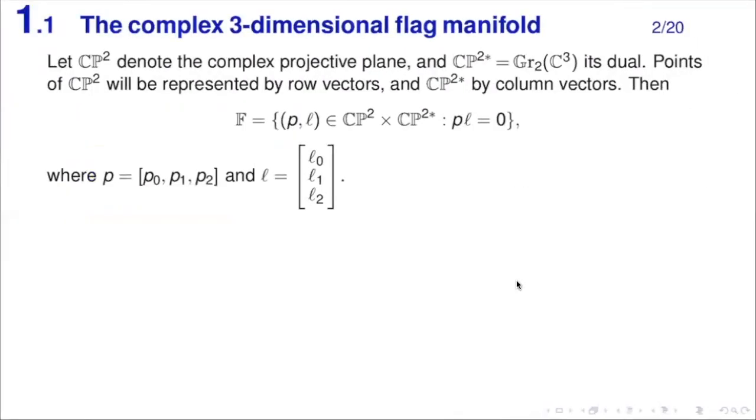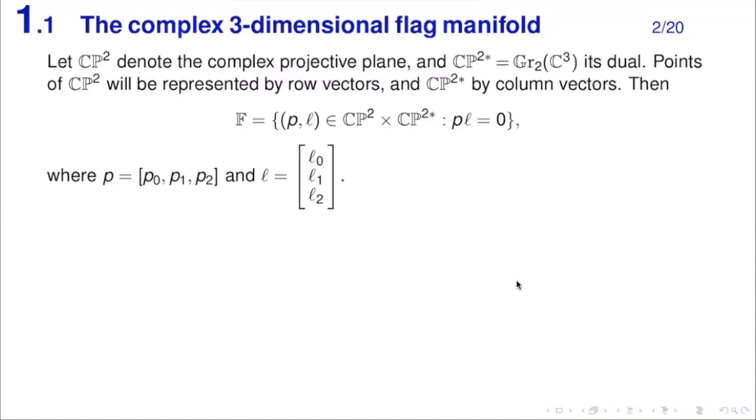So let me start in an elementary way. Here's the definition of the flag manifold. We're talking about flags in C3. A flag is just a line in a two-dimensional subspace inside C3, if we use vector spaces.